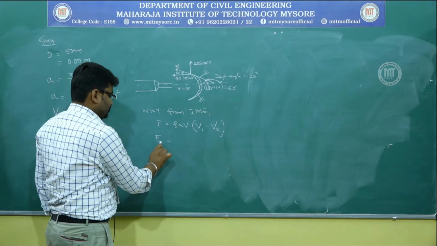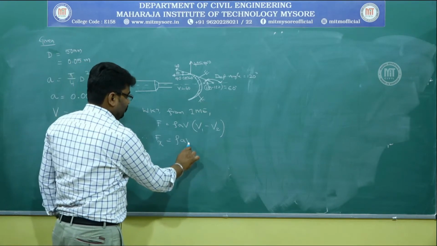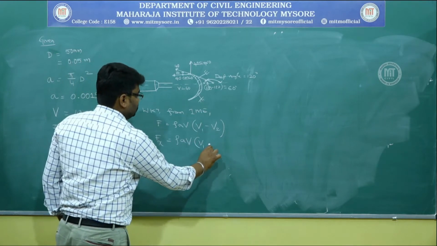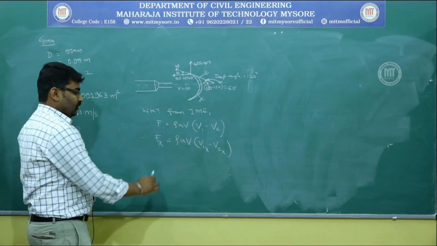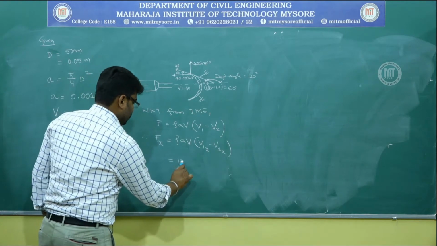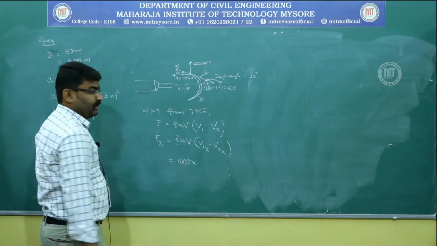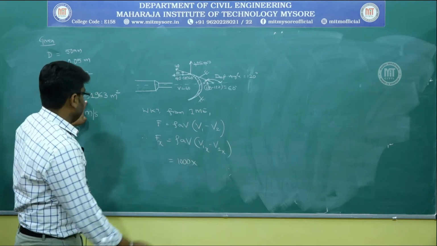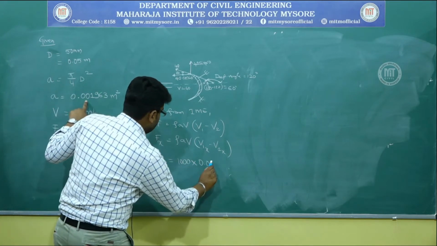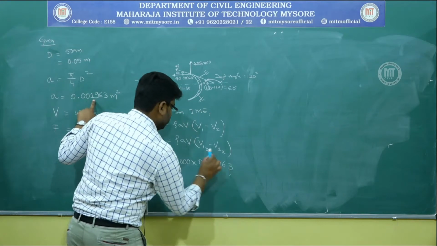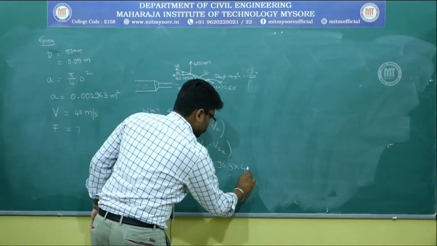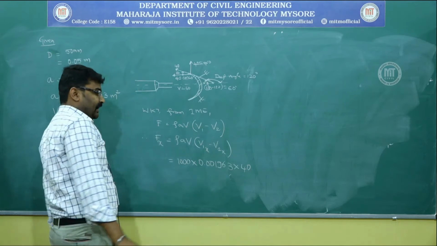Therefore Fx is equal to rho a v into (v1x minus v2x). So what is rho? Density of water is 1000 kg per meter cube. Area you have already calculated and is equal to 0.001963, into velocity, which is given to be 40 meter per second.